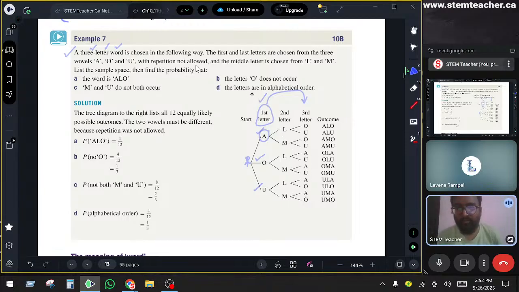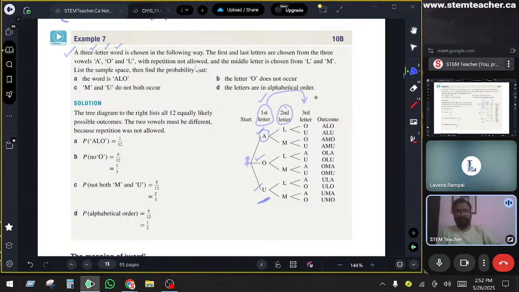But before going to the third step, the middle letter must be chosen from L and M. If the first one is A or O or U, this is stage 1. Is it clear? The second stage could be L or M. So for A, L or M; for O, L or M; for U, L or M. Those are the second letter choices.